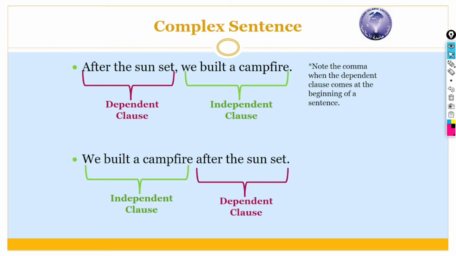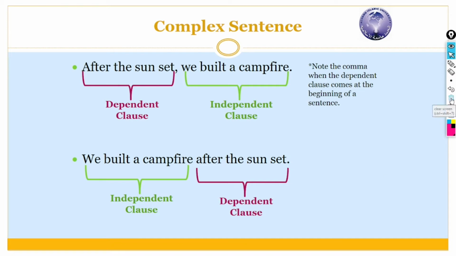If we take the independent clause first: we built a campfire after the sunset. In this sentence, the independent clause is first and the dependent clause follows, so there is no need for a comma. A comma is needed only when the dependent clause comes at the beginning of the sentence.